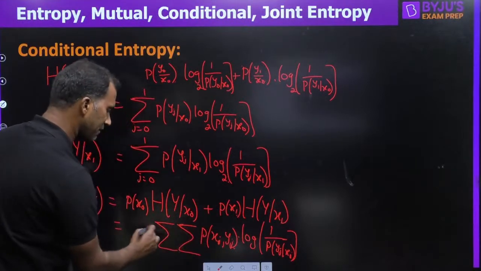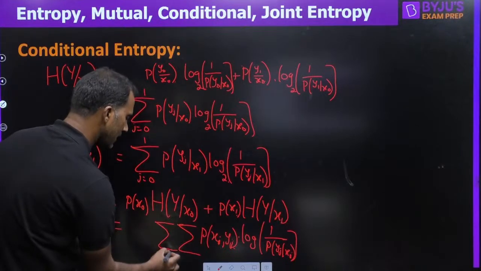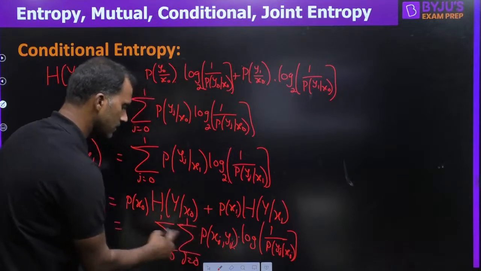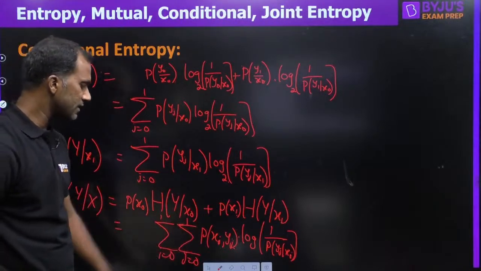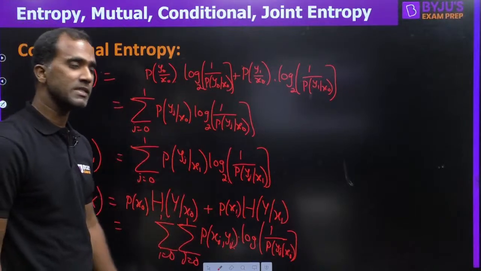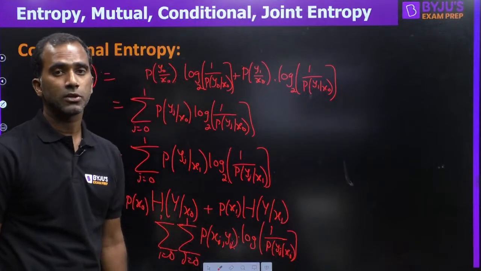Same thing whatever we have written previously, I am just writing here again, but simplified, i running from 0 to 1, j running from 0 to 1. Order of summation is anything, i or j, anything is fine. So see this one, there is a small difference. Joint entropy was much easier to remember because whatever probability was here, the same probability was here also in joint entropy.